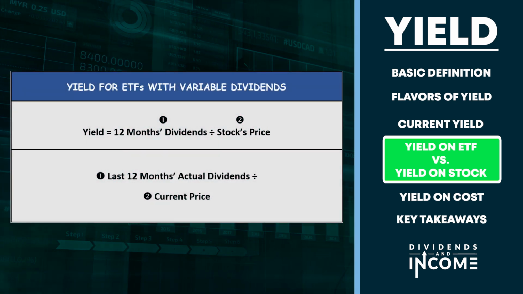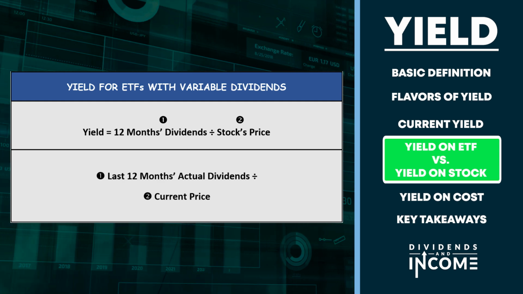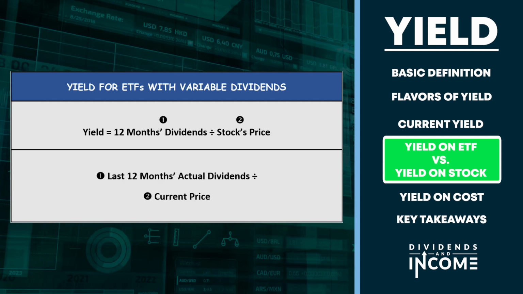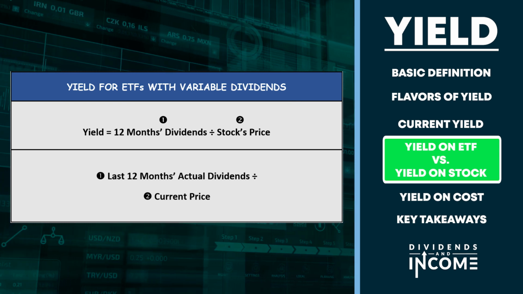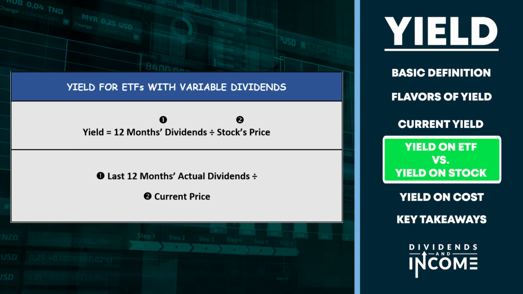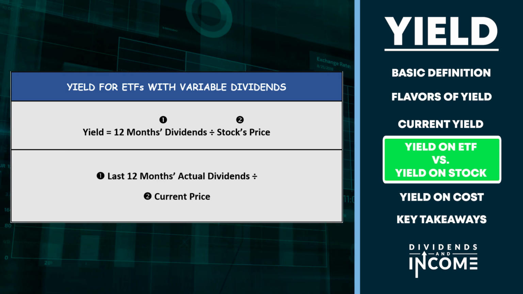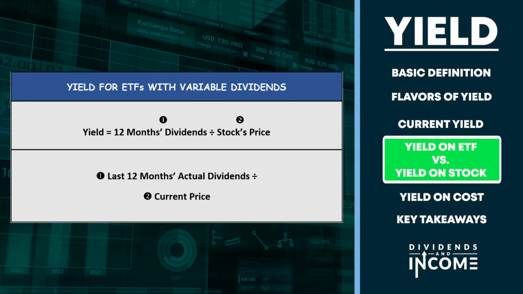Given a situation like this, what's the smartest thing to do? I think that the soundest way to project variable dividends forward is to total up the last 12 months of actual dividends and use that as the 12-month amount that's needed in the yield calculation. Obviously, this is a different approach from the convention for stocks, but at least it's real. Those dividends were actually paid.